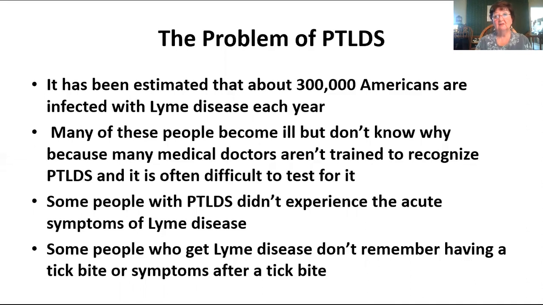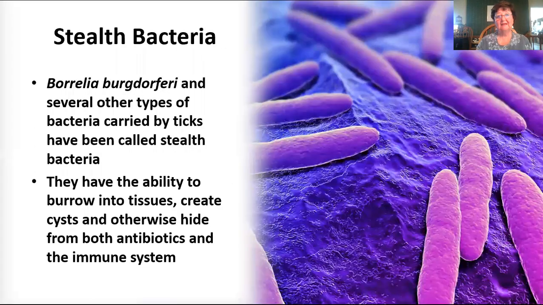But there are lots of herbs and treatments that are available that have been successful for many people. It used to be just treatment of antibiotics, and that was the only way the doctors knew how to deal with it.